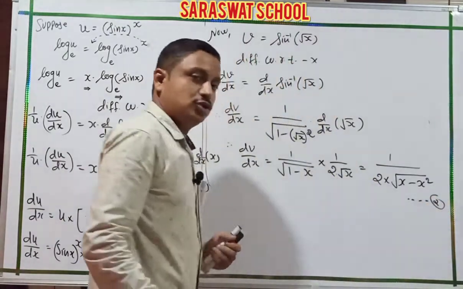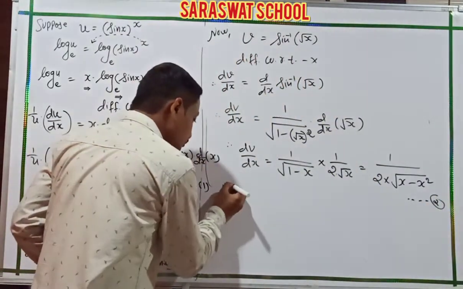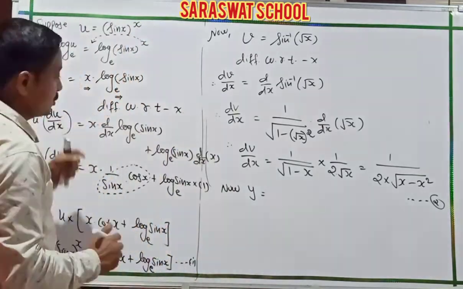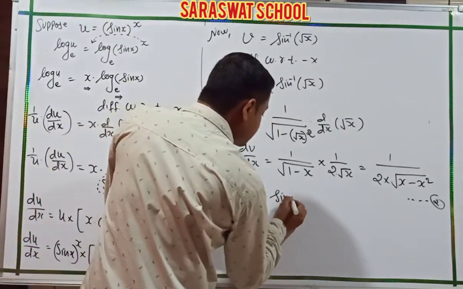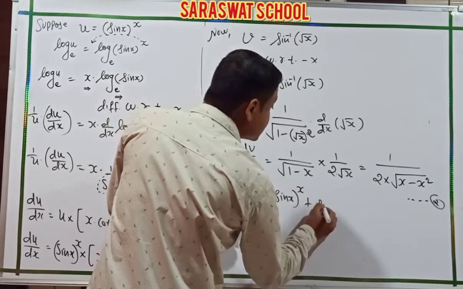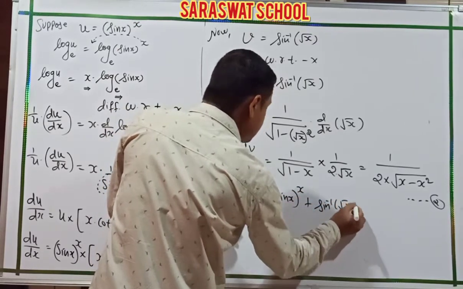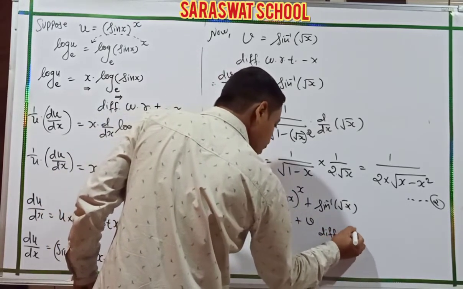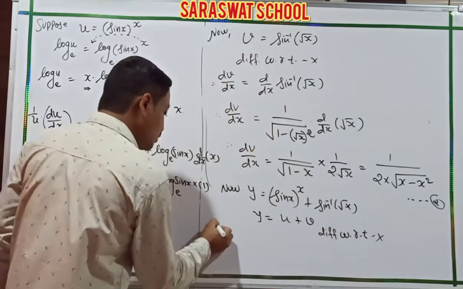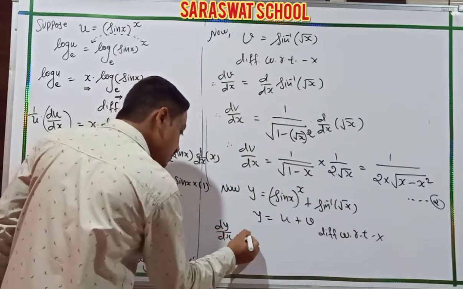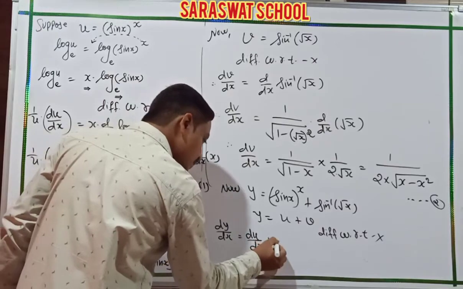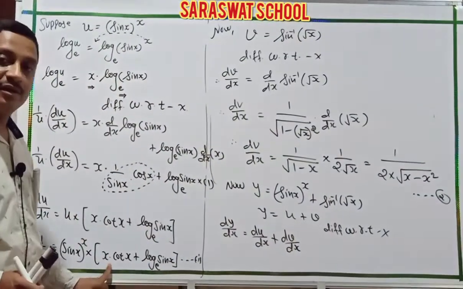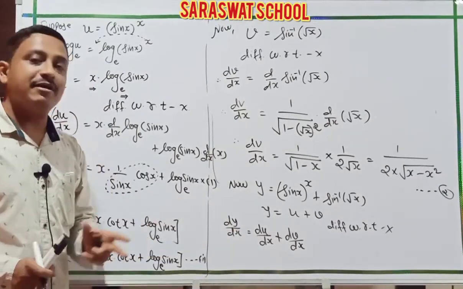Statement number 2. Now finally I move to our original question. What is the original question? Sin x to the power x plus sin inverse root x. Here we already took u plus v, and differentiation with respect to x. So what do you get? dy by dx is du by dx plus dv by dx. And both values, equation 1 and equation 2, students, I happily put here.